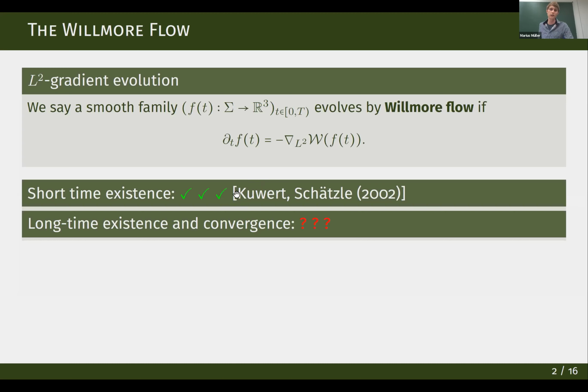Kuwert and Schätzle, in their first article, basically the first of a series of many articles about the Willmore flow, gave an estimate for the maximal existence time, which is already very interesting. So this forms sort of the basis of the existence theory for the Willmore flow.